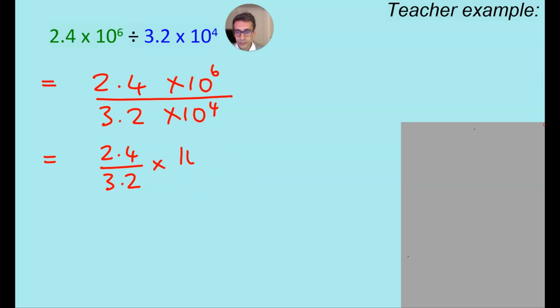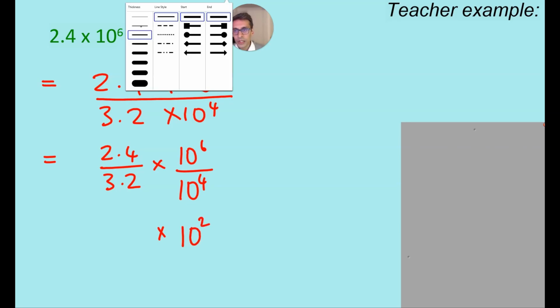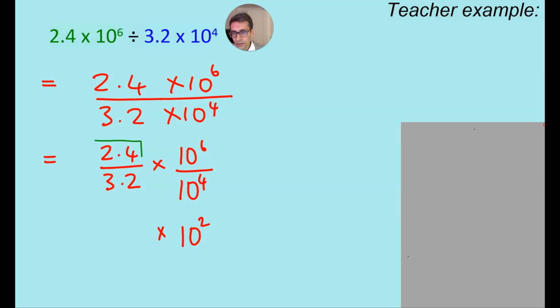So we can rewrite that straight away. What you need to focus on here is what to do with this part. Now on the side, I'm going to show you how we can deal with this: 2.4 divided by 3.2.